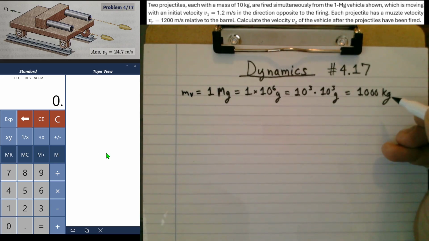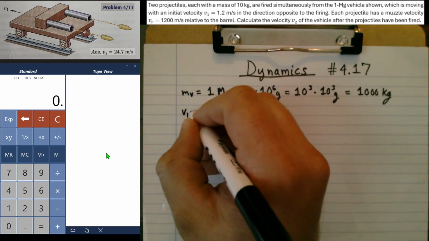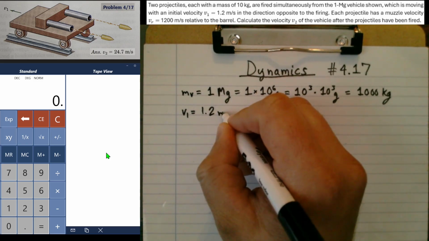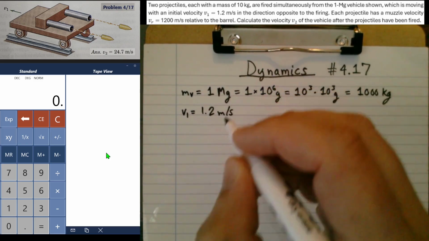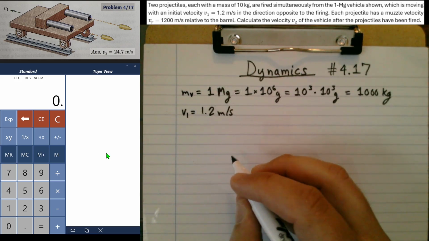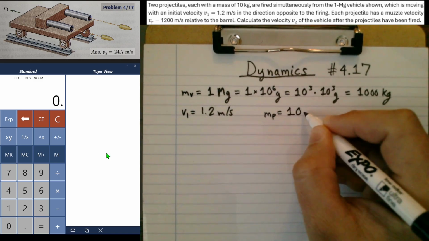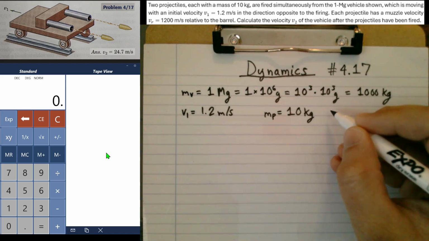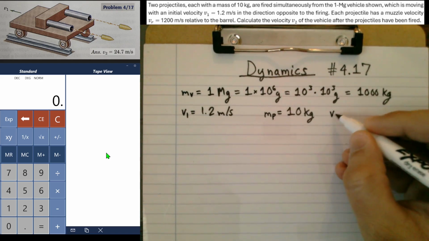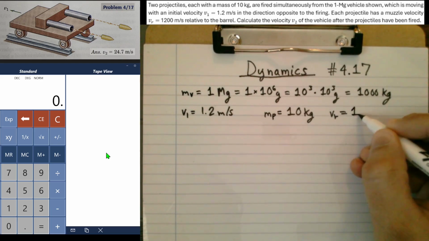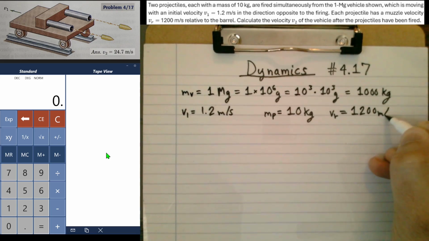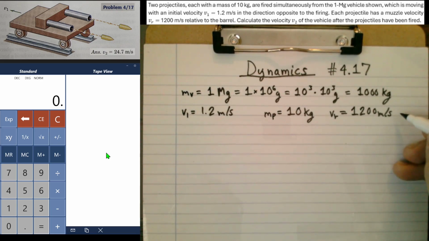Next, we know the initial velocity of the vehicle is 1.2 meters per second, how fast it's moving with projectiles loaded into it. We know the mass of the projectiles themselves are each 10 kilograms. We know the velocity of the projectiles after they're shot is 1,200 meters per second. And finally, what we try to find is our V2, our velocity of the vehicle after it's fired the projectiles.